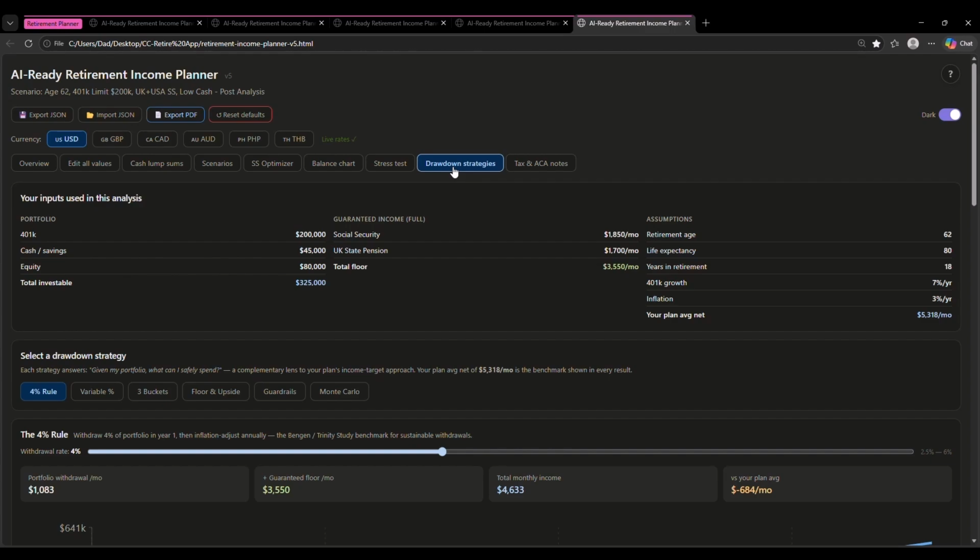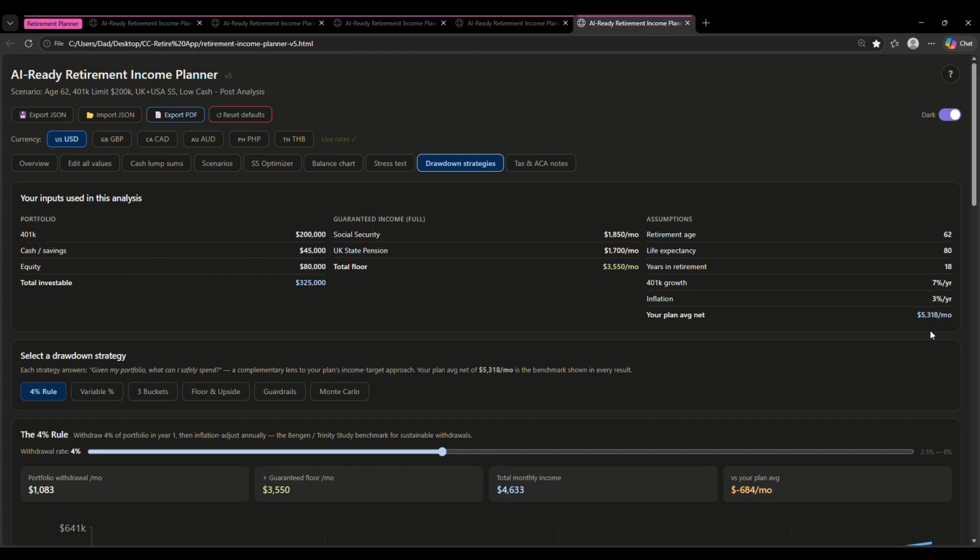Your total investable portfolio broken down by account type, your guaranteed income floor, social security, pensions, anything that doesn't depend on markets, and your key assumptions: retirement age, life expectancy, growth rates, inflation, and at the very end, the number everything gets compared against, your plan's average net monthly income.